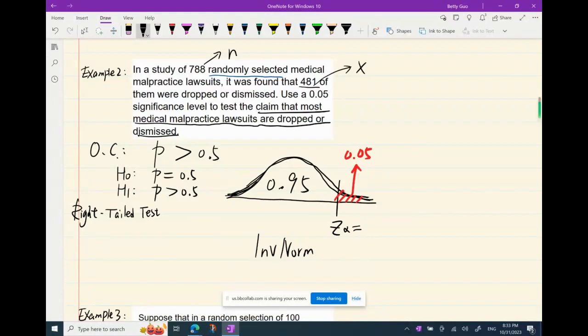My critical value in this case, how rare is rare?